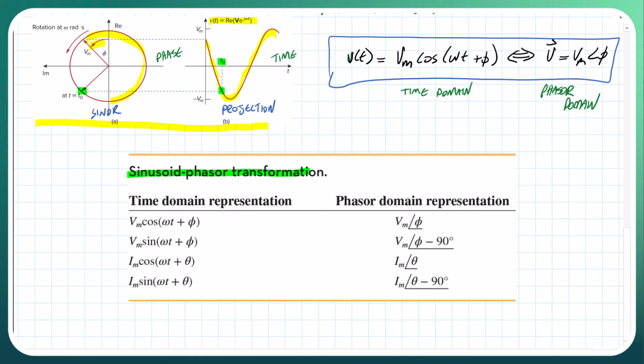You can go from time domain to phasor domain, where a cosine is represented one way and a sine another, for the voltage, and you can do the same thing for the current source, whether it's a cosine or sine.